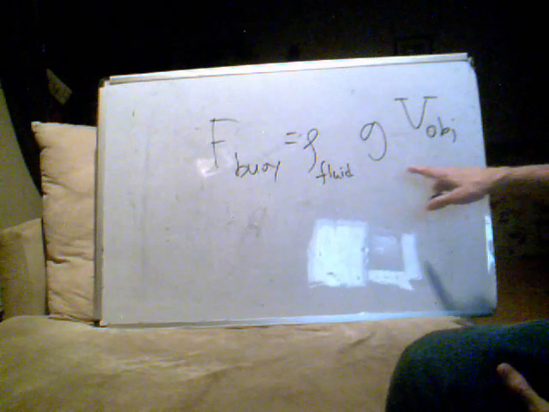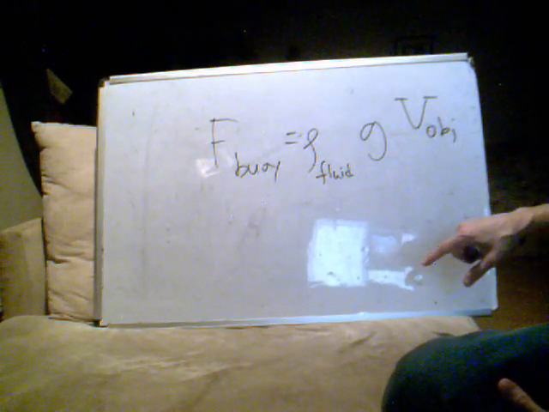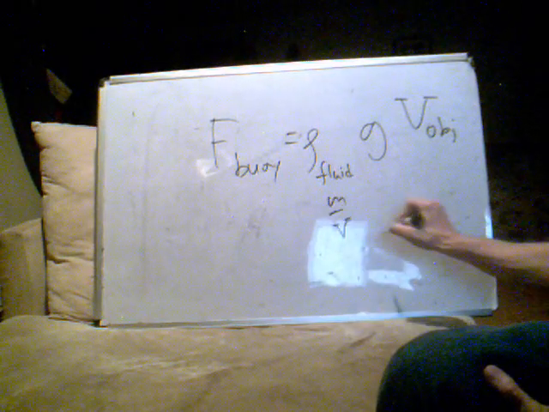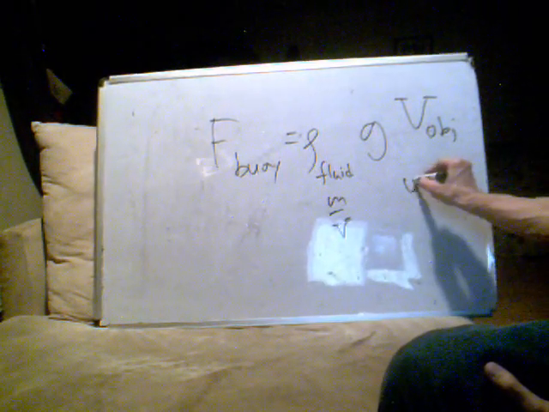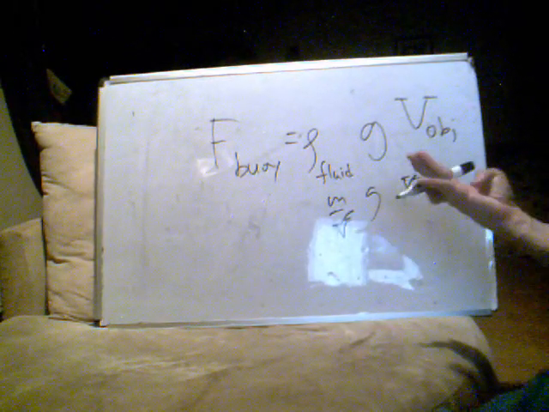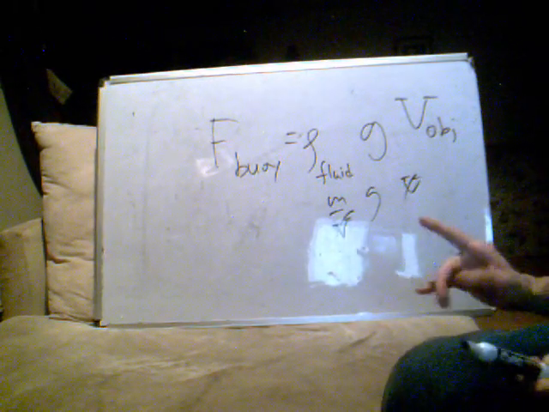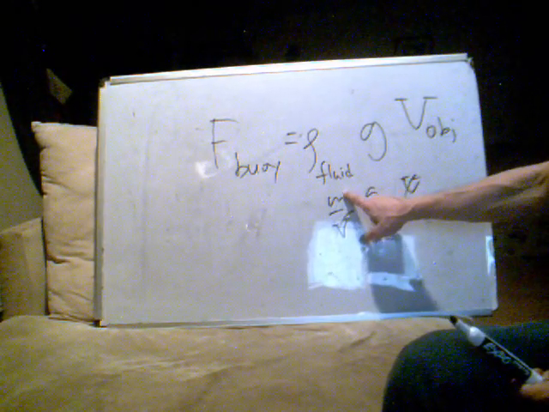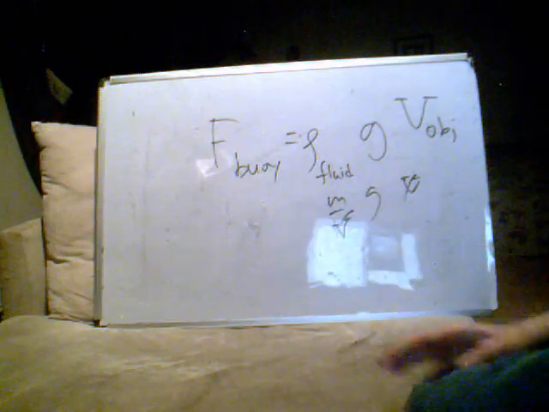Density is mass over volume, right? So we've got a mass over volume here, right? Times another volume. These should cancel. Mass times gravity, that's a weight, right? But we're talking about the weight of the fluid, or the water displaced, right? If you're talking about immersing something in water.